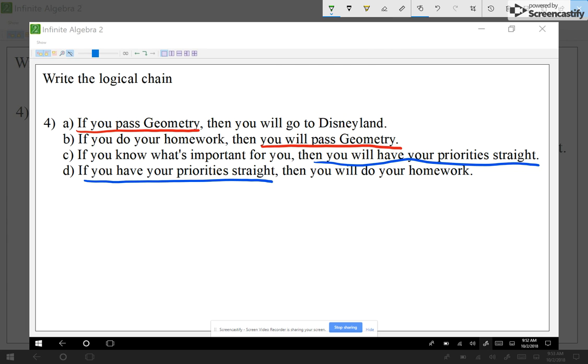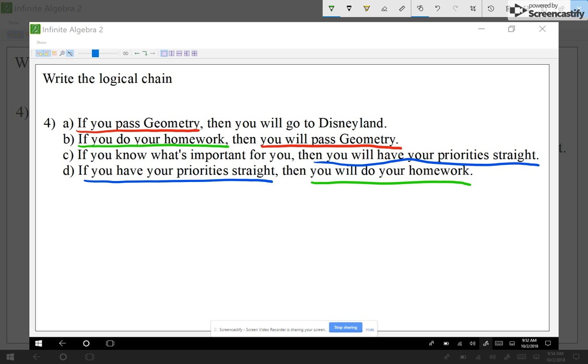Even more, I notice that the way D finishes, you will do your homework, is the beginning of B. See that? So I know D comes right before B.